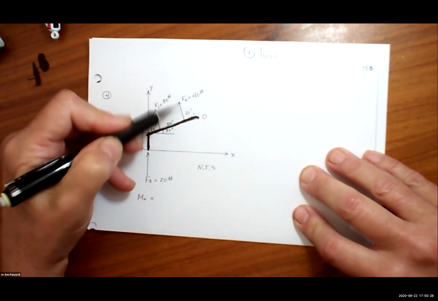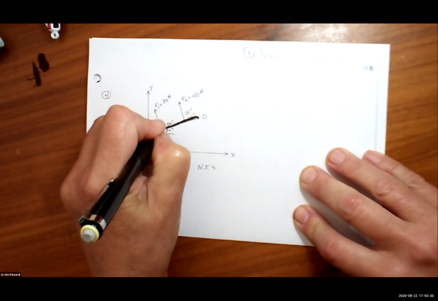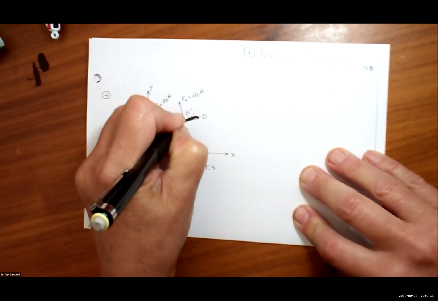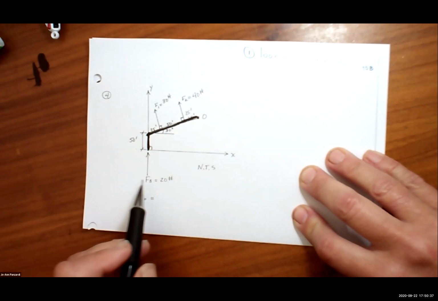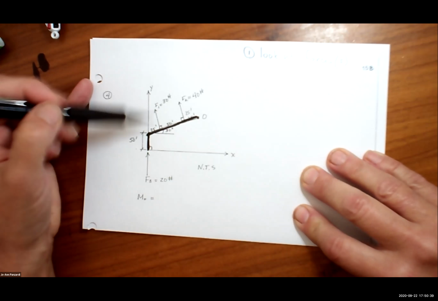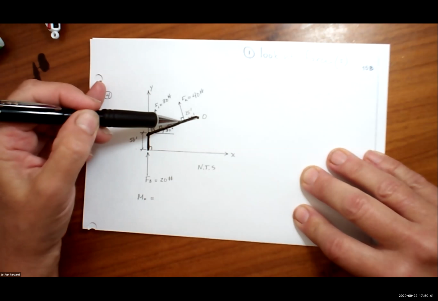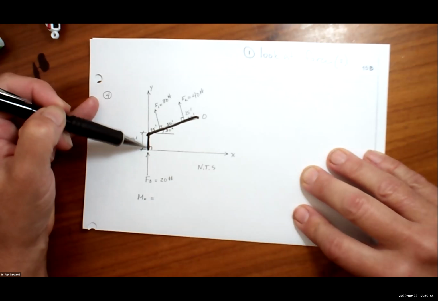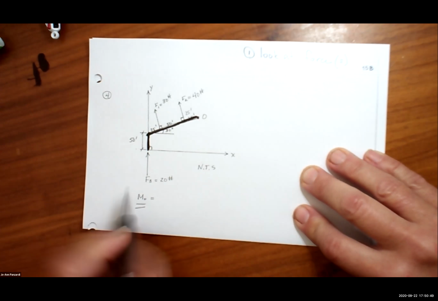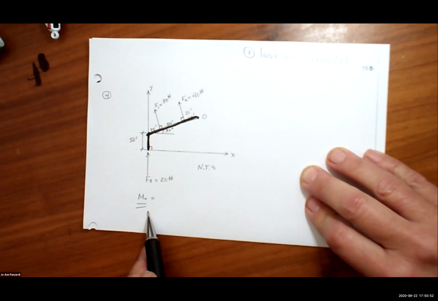There's F2. And notice I'm putting this on here, you guys. And of course, you know X and Y. There's F1 coming off the top part of the bracket, F2 coming off the top part of the bracket, and F3 is on the bottom part of the bracket, the vertical. Look what I'm trying to find. I'm trying to find the moment about point O.